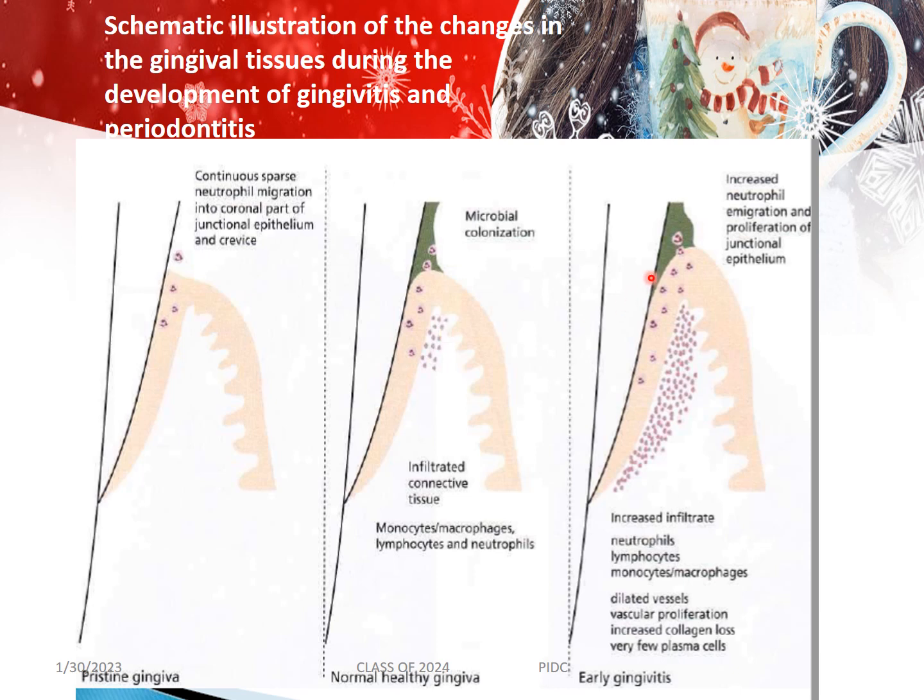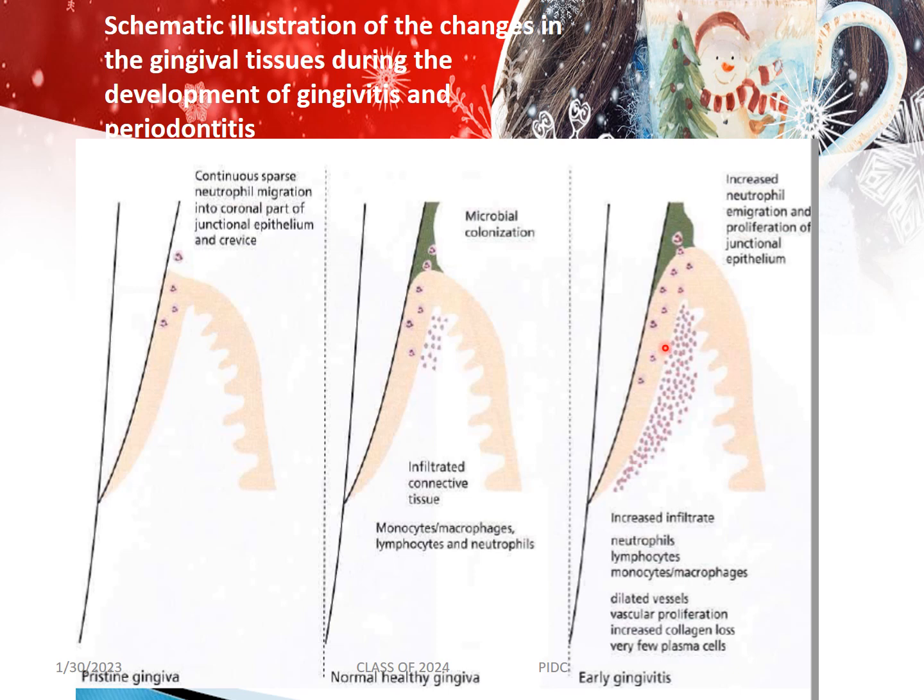But when there is still more increased plaque present, there is increased neutrophil immigration and proliferation of the junctional epithelium, which means that neutrophils are much more, and they are presented to the junctional epithelium a little more than in your previous status. So this tries to engulf the bacteria as well as kill its products.